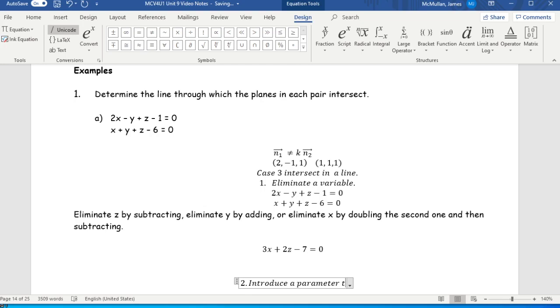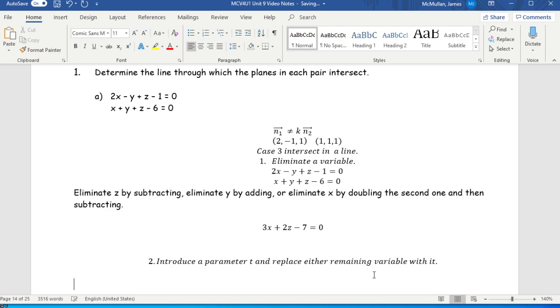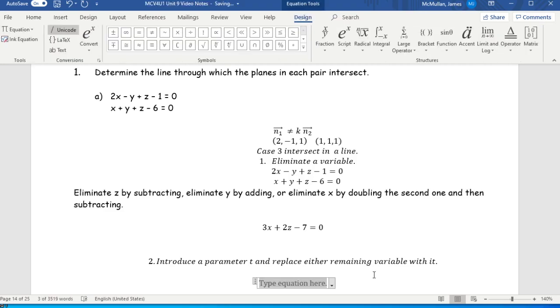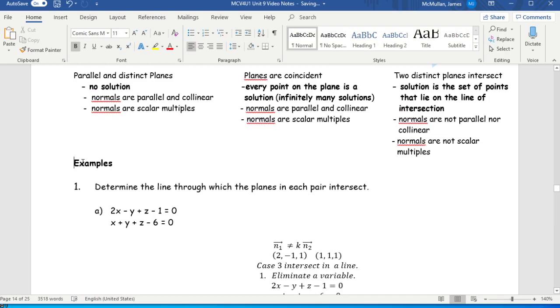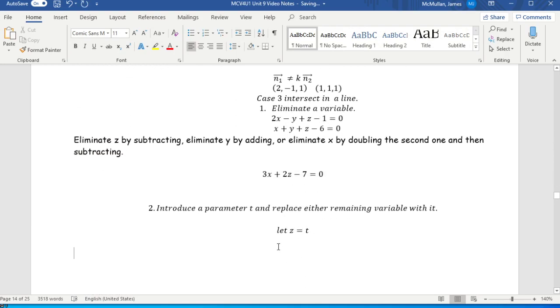Introduce a parameter t and replace either remaining variable with it. I think it's probably easier to use z, but it doesn't matter. You can use either one. So let z equal t.